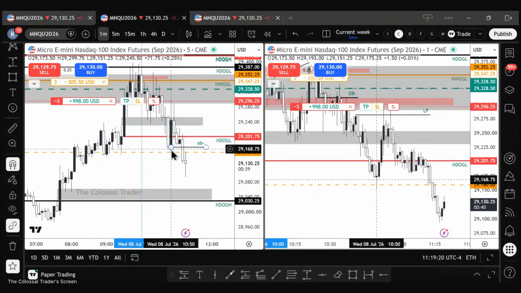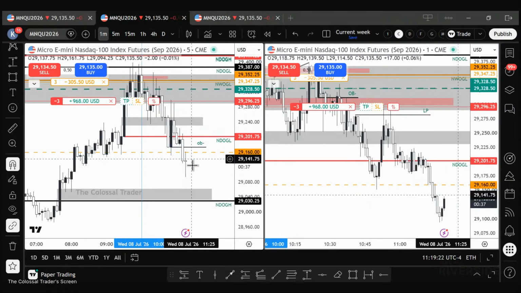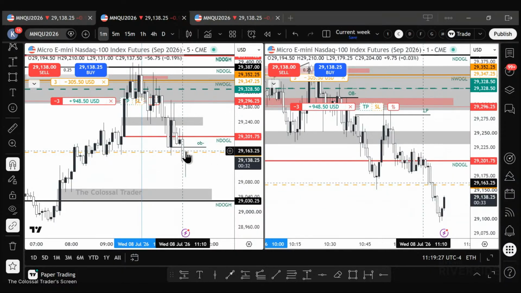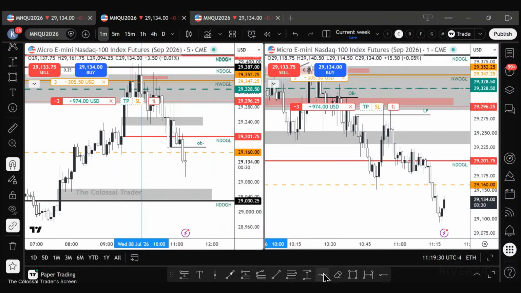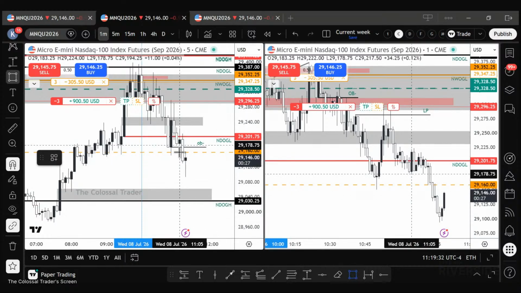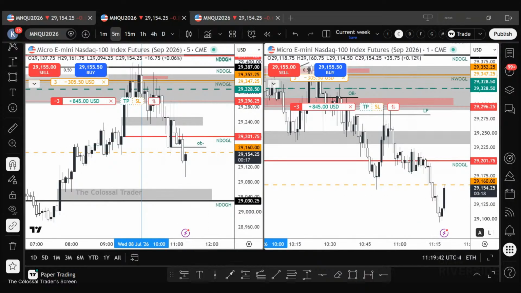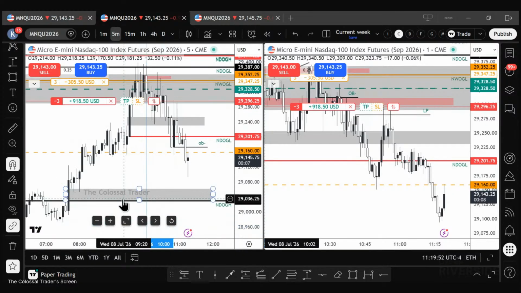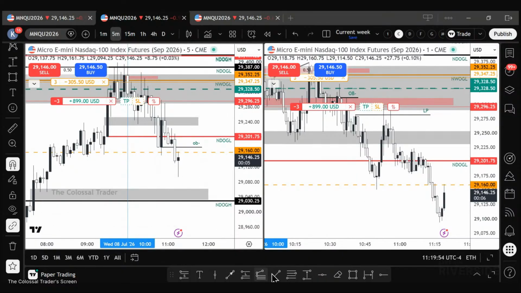We have this 5-minute order block we have yet to visit. It looks like this 5-minute candle might close with a little fair value gap here. So it's probably going to look something like this. Well, now it's moving with some speed. All right, so now we've created a 5-minute fair value gap.